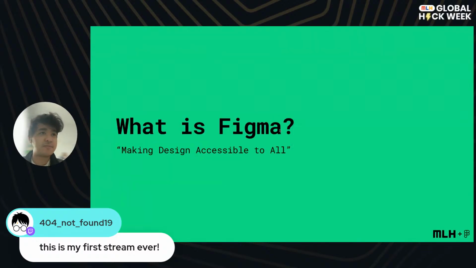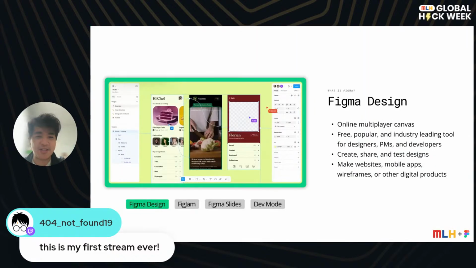So what is Figma? Well, their motto is making designs accessible for all. You'll find very shortly that they really do make designs accessible for all. This data is accurate as of before Config this year, which is Figma's annual conference. Figma had 4 products. Now I think they have 7 products. But their most popular one is Figma Design.